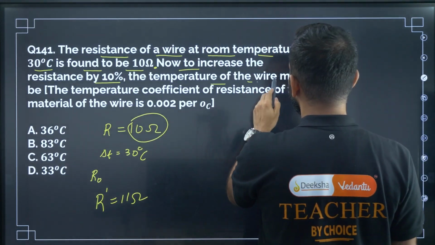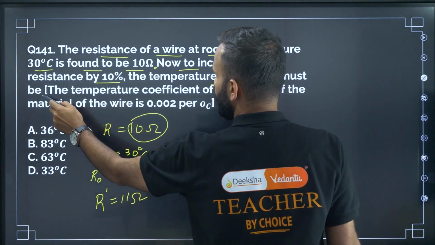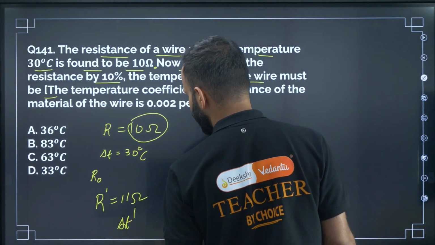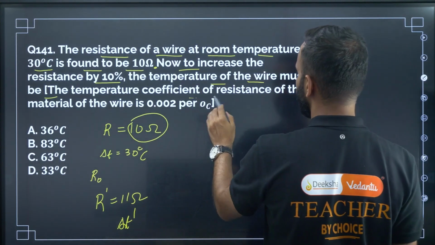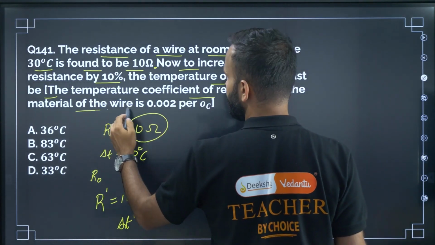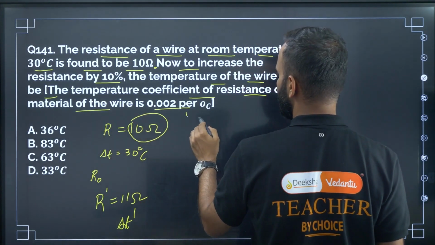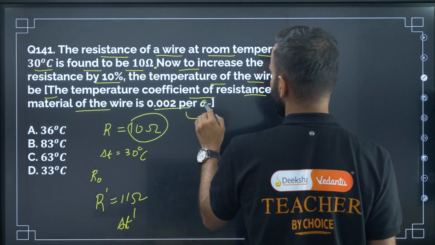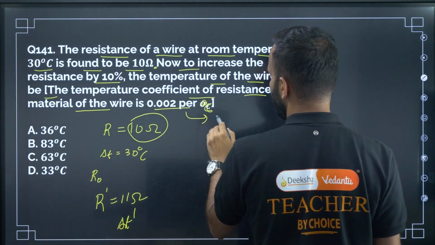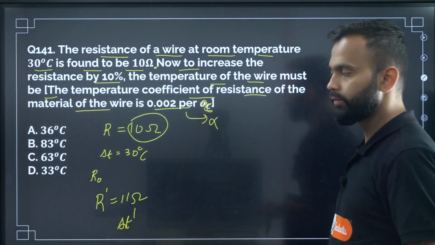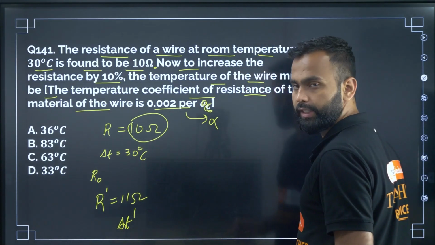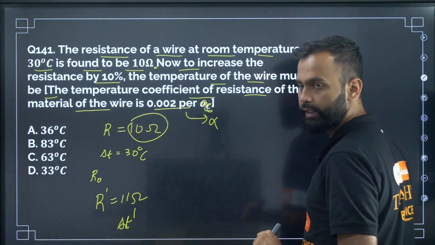The temperature of the wire must be, here we need to find the temperature of the wire, delta T dash. The temperature coefficient of resistance of the material of the wire is 0.002 per degree Celsius. This is the value of alpha. So at room temperature 30 degrees Celsius, the resistance of the wire is 10 ohm.